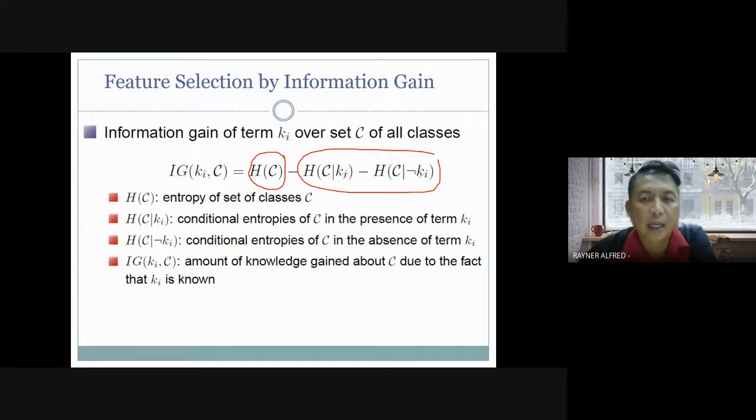So this is the group that has keyword I, and this is the group that does not have keyword I. So we have to subtract. We have done this before when we computed the IG when splitting the documents based on keyword. So we could also use IG to decide whether we want to remove this keyword or not.